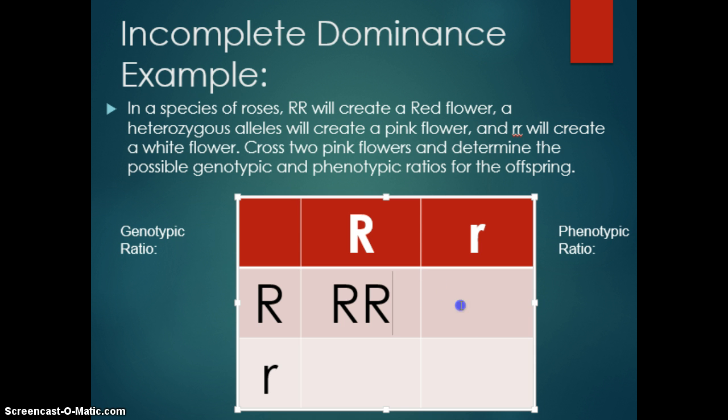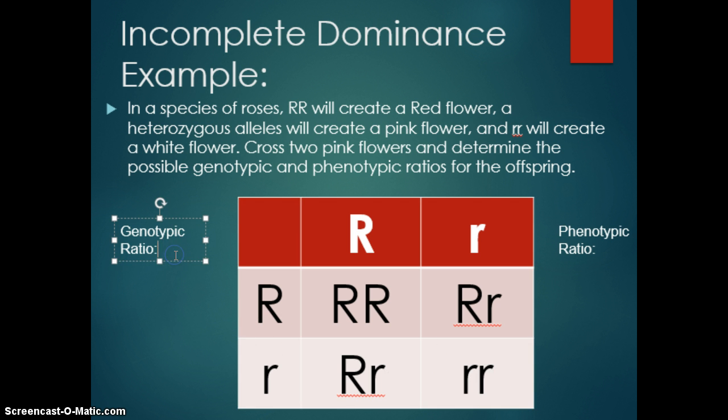So if I fill out my Punnett square, and again, if you are still having problems with Punnett squares, you need to come and see me, because this should come pretty easily for you. If we have two pink flowers, RR is going to be 25%, Rr is going to be 50%, and then we have rr at 25%.